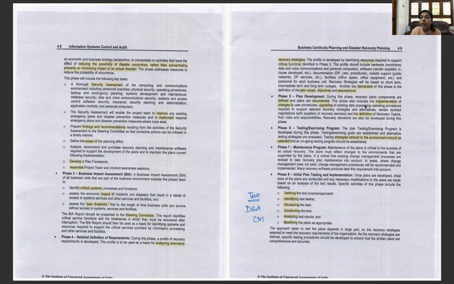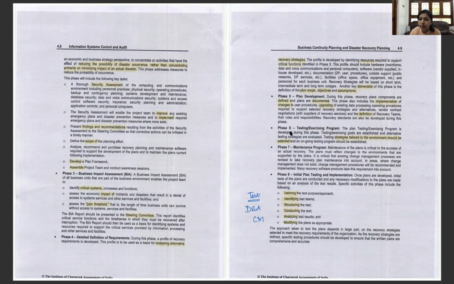And here we are also implementing and upgrading, and also defining the recovery teams, and the recovery standards are also developed. So defining, documenting, implementing, upgrading, definition of recovery teams and recovery standards are developed during this phase. So this is for the plan development phase.